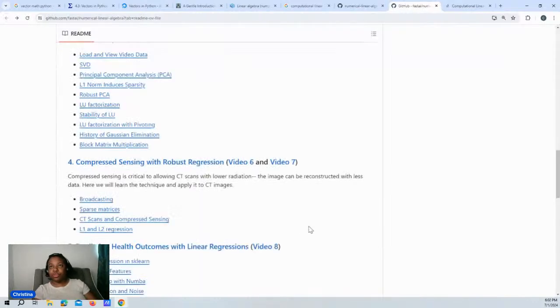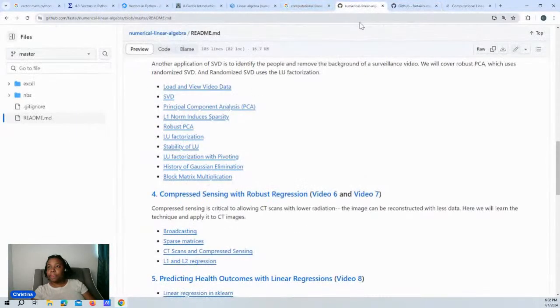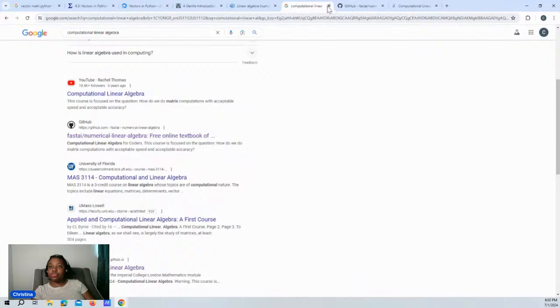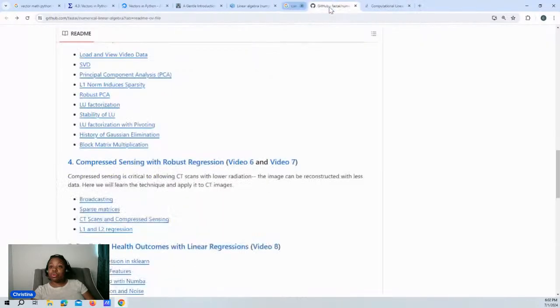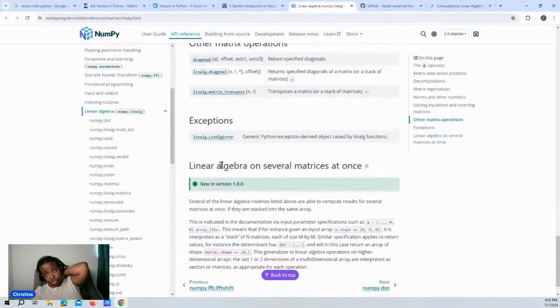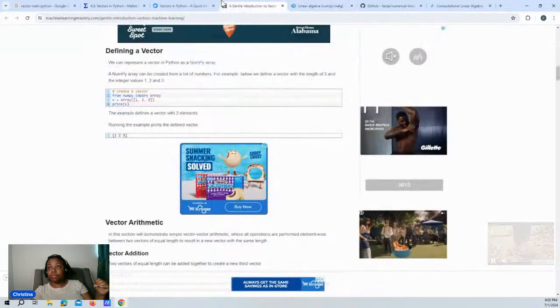If you've never heard of this, it's a good resource. We could potentially just go over the NumPy linear algebra API, but I don't think that's as useful if we're not doing the actual Python.